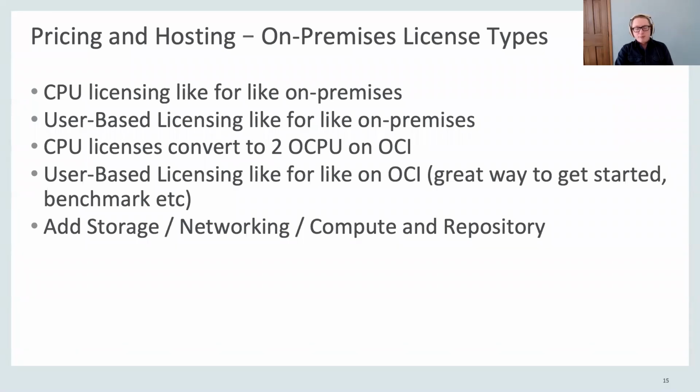It's also a great way to spin up an environment if you wanted to do something like benchmarking, figure out how many CPUs you needed. It's a cheap way to do that. And again, if you're going to cloud, you have to factor in the storage, networking, compute power, and repository costs. But again, those are typically a small proportion of the CPU costs.